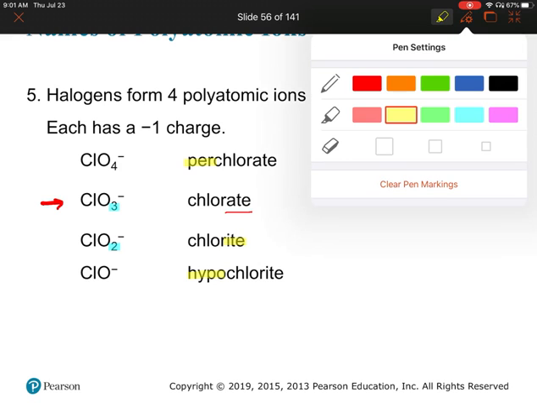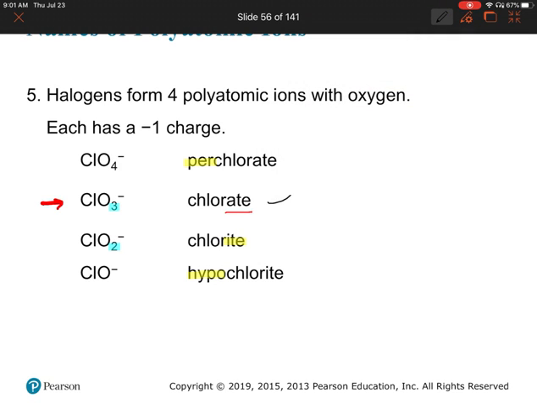So if we go from chlorate to perchlorate, we're just adding a prefix. If we remove an oxygen, we change ate to ite. And if we remove another oxygen, we add the prefix hypo.